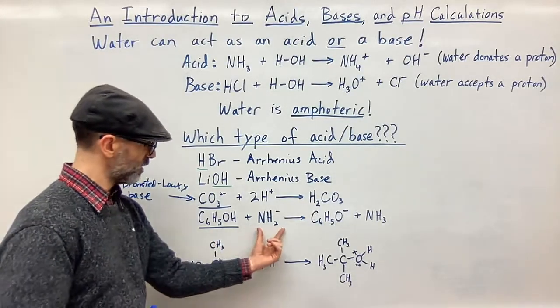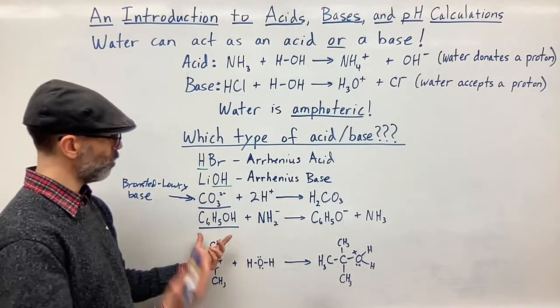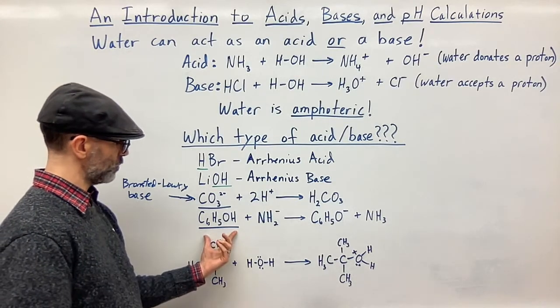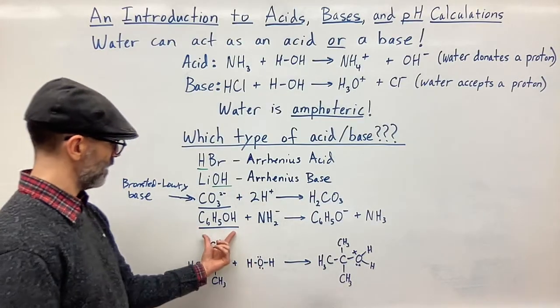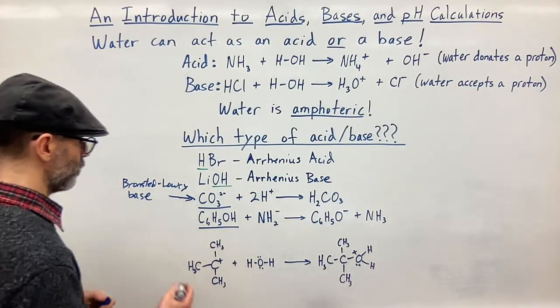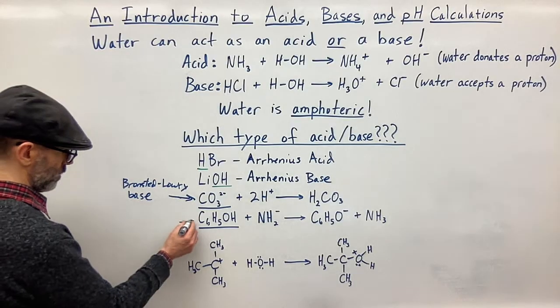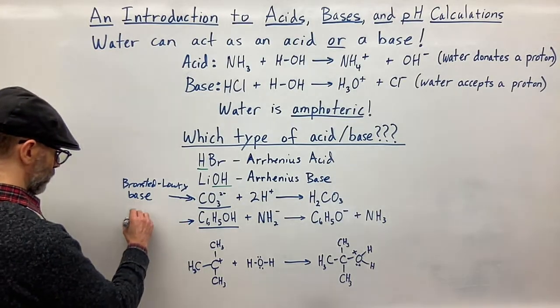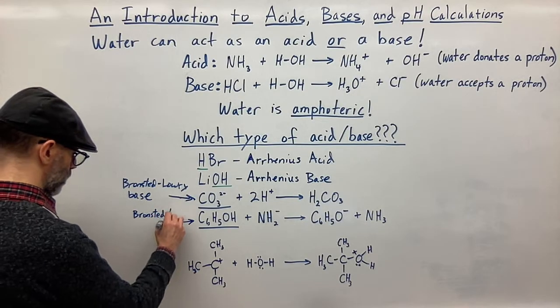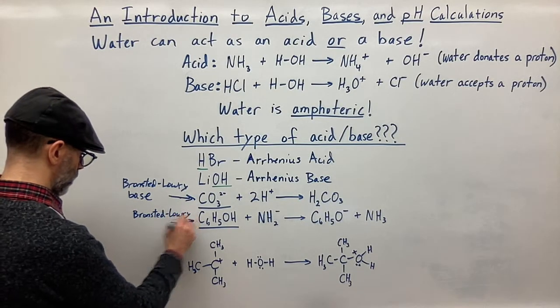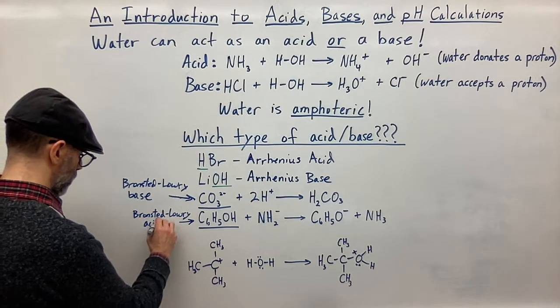This is accepting the hydrogen, the H plus, the proton, right? This is a proton donor. This is the proton acceptor. So that means that this is a Bronsted-Lowry acid. So let's label that. So this is going to be your Bronsted-Lowry acid.